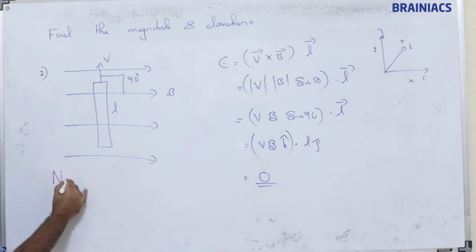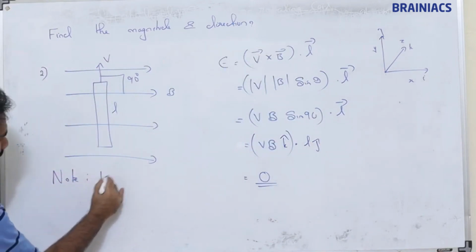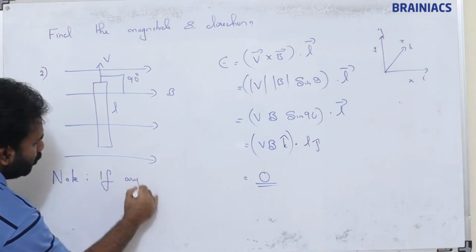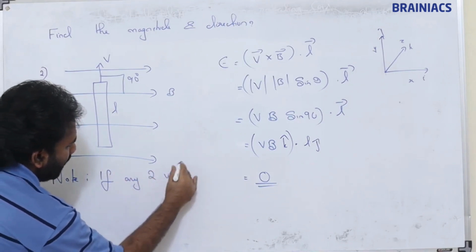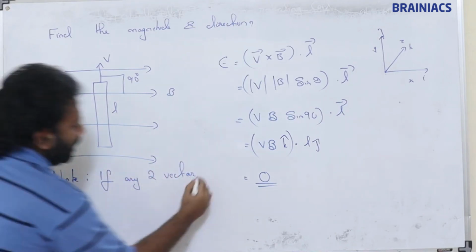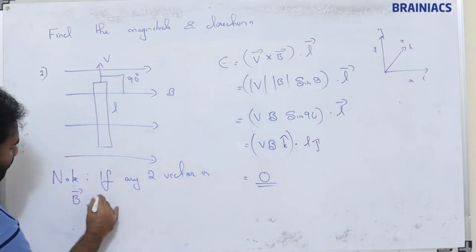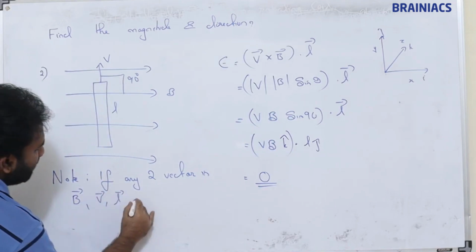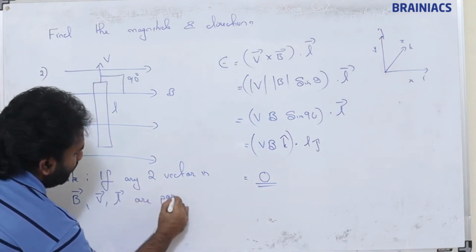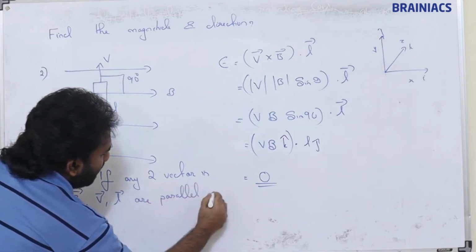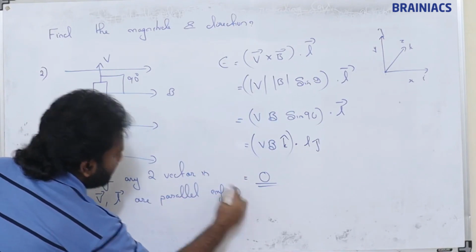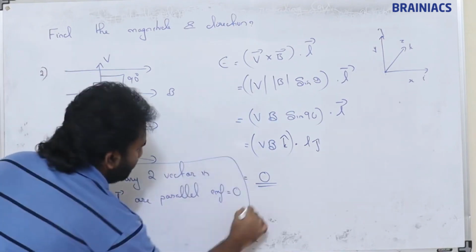So write the note: if any two vectors in B vector, V vector, L vector are parallel, then EMF will be 0. Clear? Done?